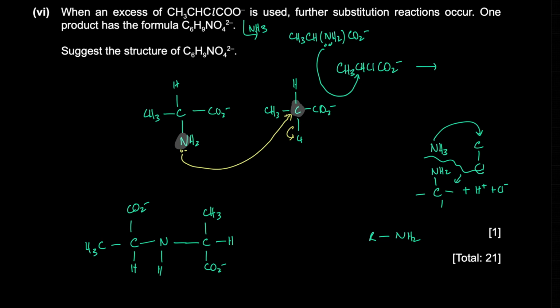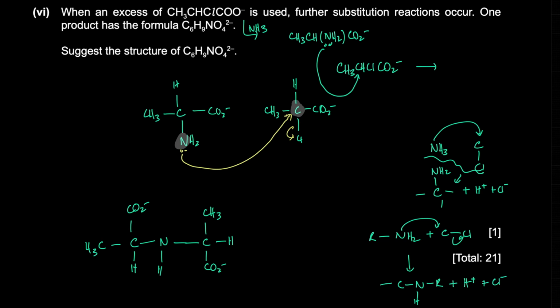Your entire R group over here is the CH3CHCO2-. When this reacts with a halogenoalkane, the same thing happens. The NH2 loses a proton, so you end up making C-NHR, plus H+ and Cl-.